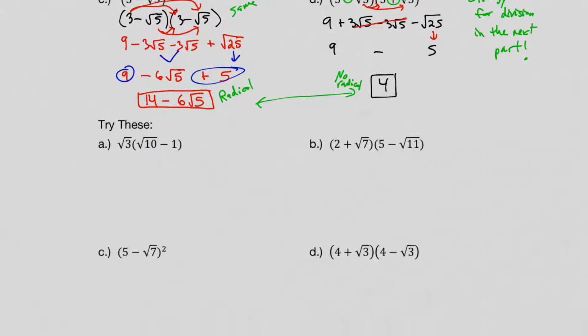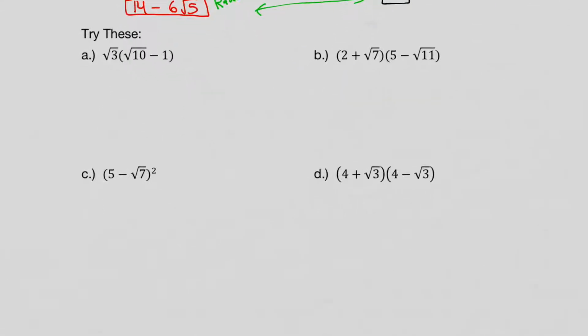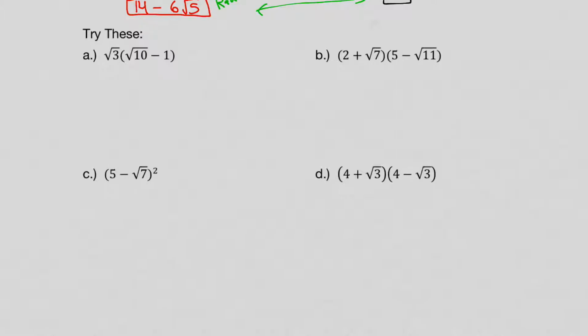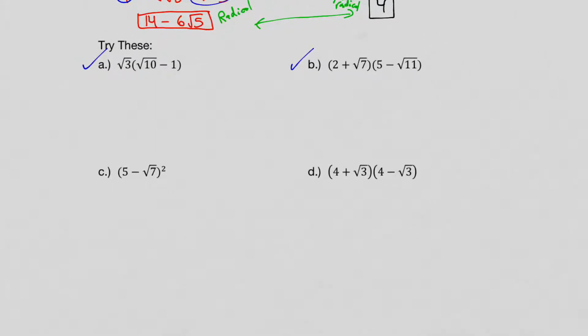Okay, so what you want to do now is try these on your own. Make sure you have these ready. So basically have these two ready for class to be checked. Make sure you're tracking.